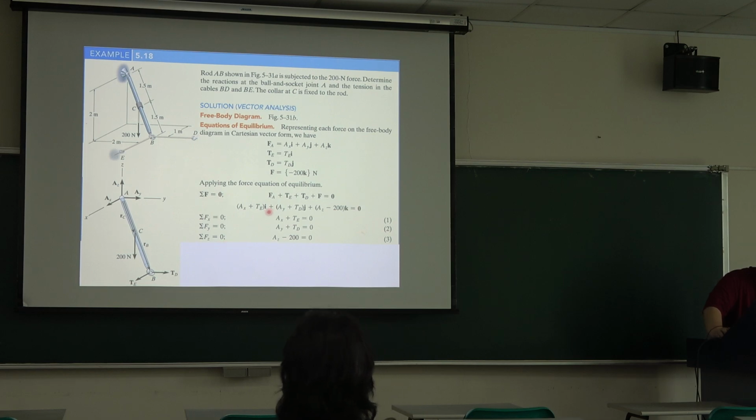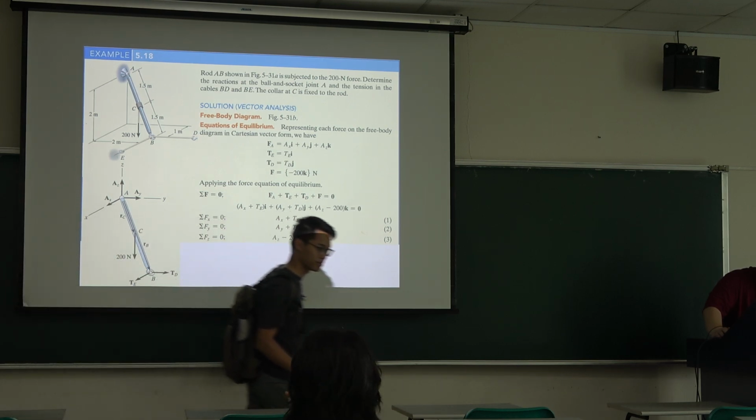This means the i part is equal to 0, the j part equal to 0, and the k part equal to 0. So it is very easy to calculate. Using equation 3, we can get AZ equal to 200 Newton, and we can get the relationship between AY and TD, AX and TD.